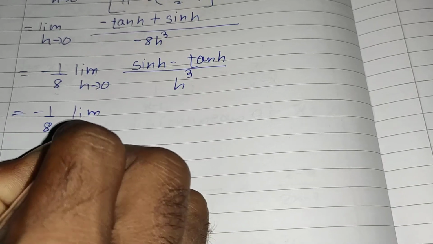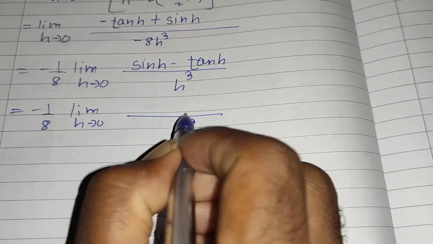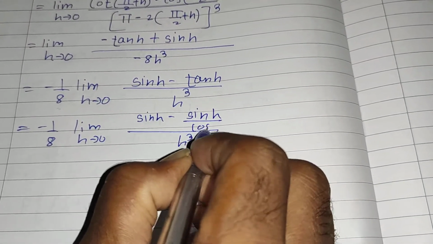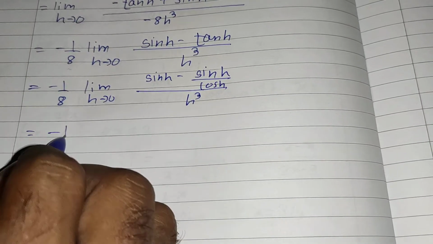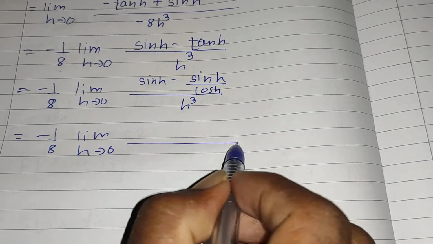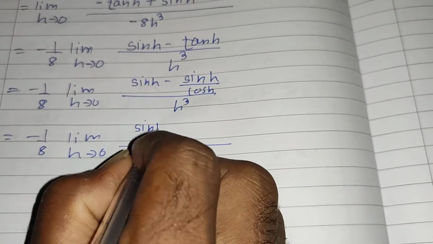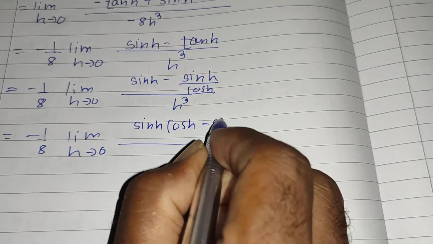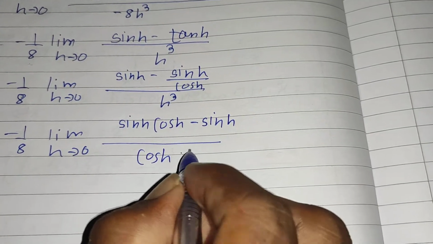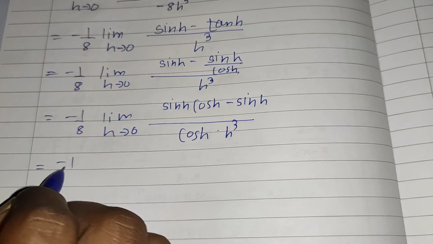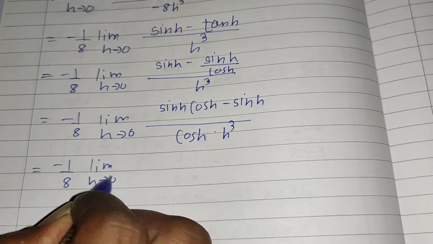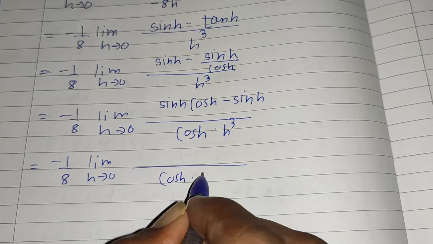Limit h tends to 0 upon this h cube. Sin h minus, this is replaced by sin h upon cos h. Making it cross multiplication, limit h tends to 0, sin h cos h minus sin h upon cos h into h cube. This minus 1 upon 8 as it is. Limit h tends to 0, cos h into h cube.